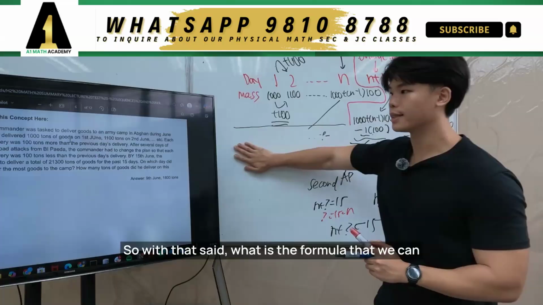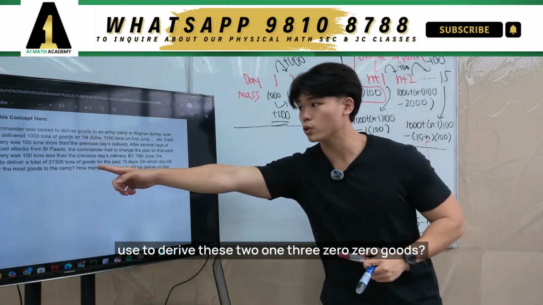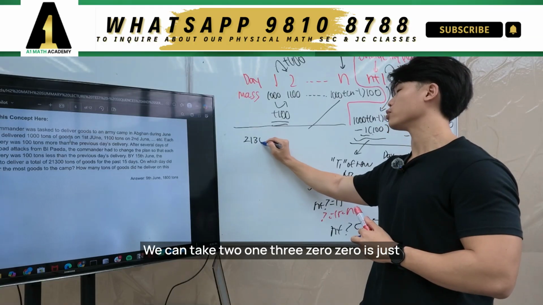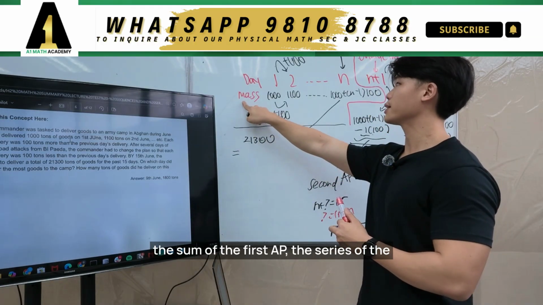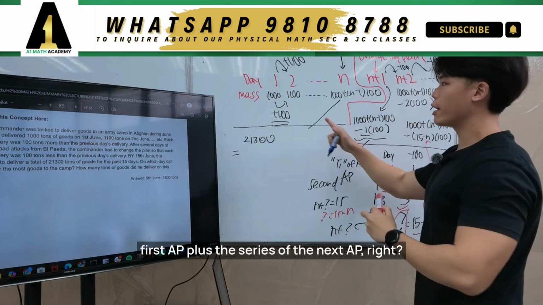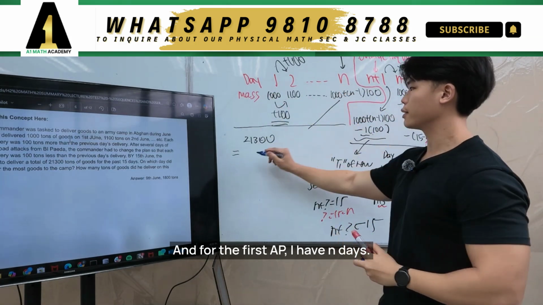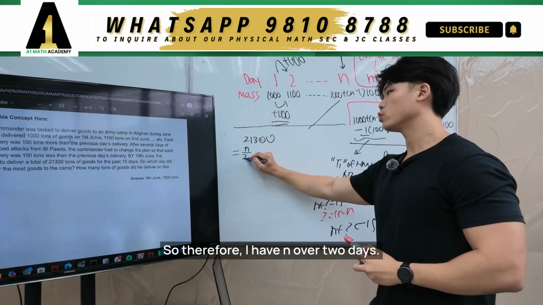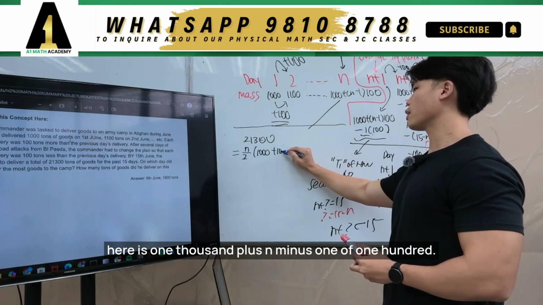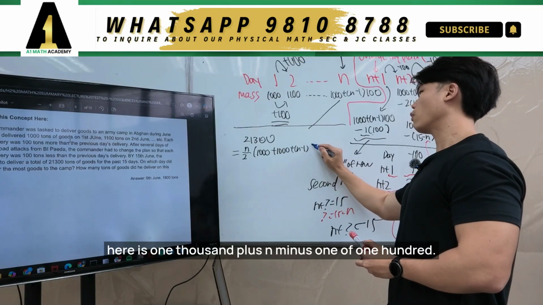So with that said, what is the formula that we can use to derive these 21300 goods? 21300 is just the sum of the first AP plus the series of the next AP. For the first AP, I have n days, so therefore I have n over 2. The first term is 1000, and the last term over here is 1000 plus n minus 1 of 100.